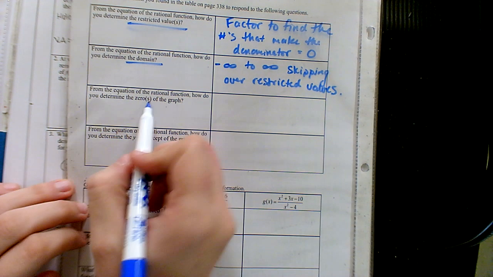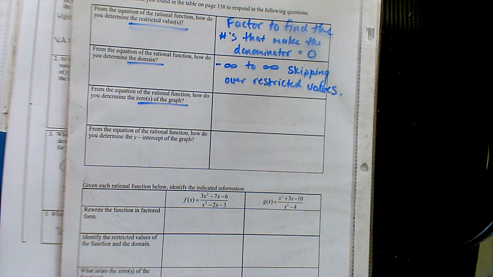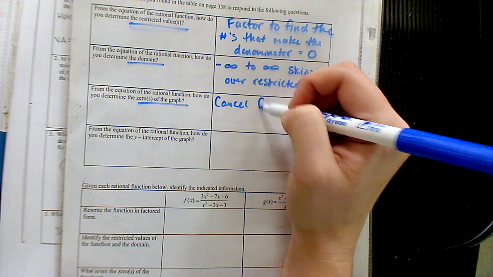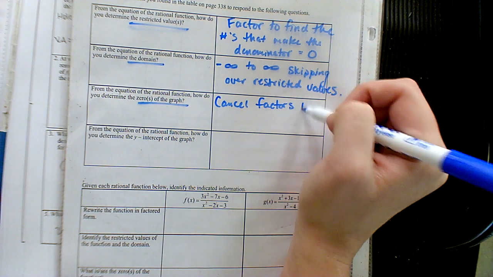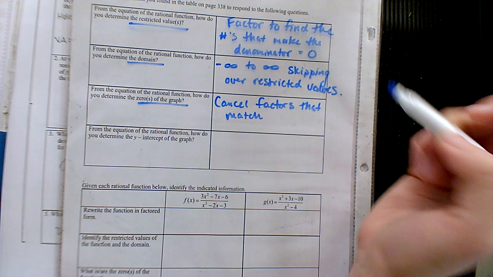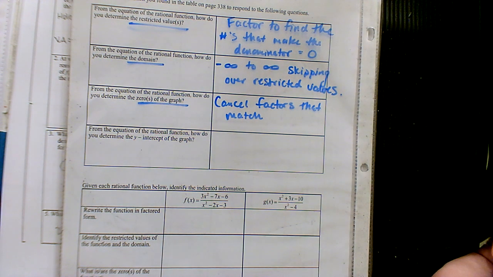All right, friend number 3. How do you determine the zeros of a graph? Yeah? Okay, so we'll say cancel factors that match. And then we got to figure out the non-canceling ones, meaning the ones that are left over.